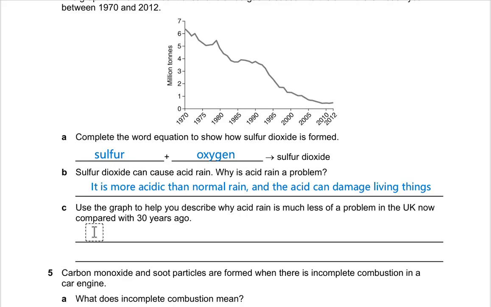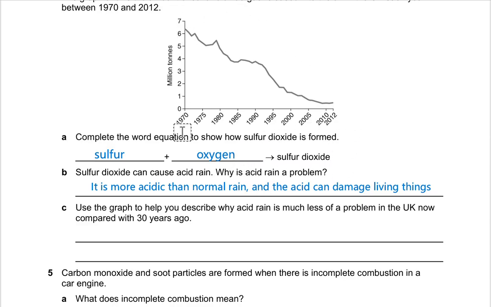Okay, in C they are telling you to use the graph to help you to describe why acid rain is much less of a problem in the UK now compared with 30 years ago. So now in these type of questions you have to look at the data given, and then you can write your explanation using the knowledge you have on acid rain.